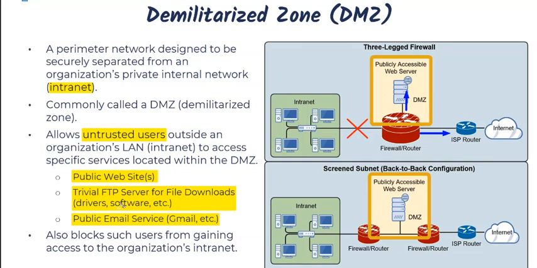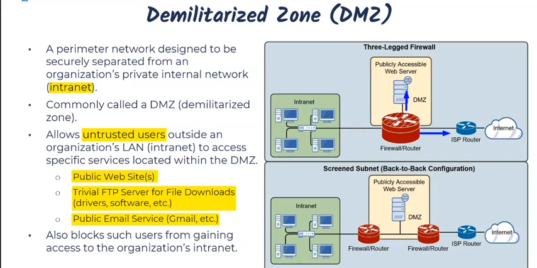Our intranet should be on a separate protected network, and that's the whole purpose of having a DMZ. It blocks users from gaining access into our internal network. Now, they can still access the web server, but they cannot get past our firewall and router. They can only get into the DMZ.